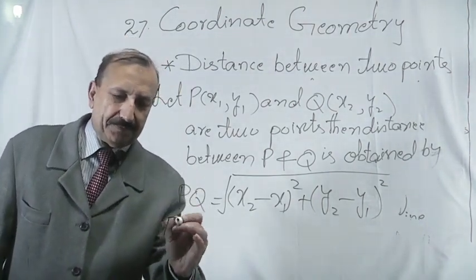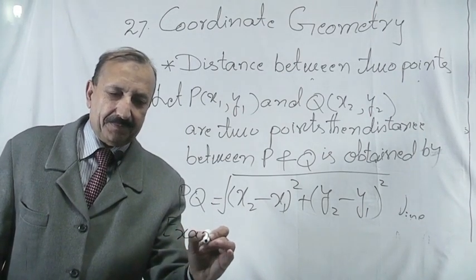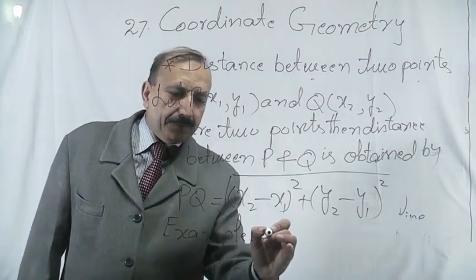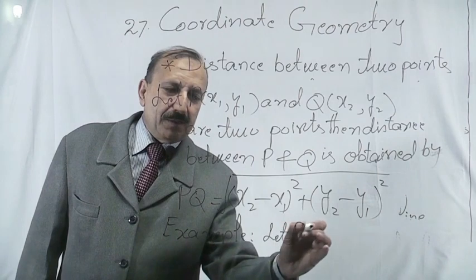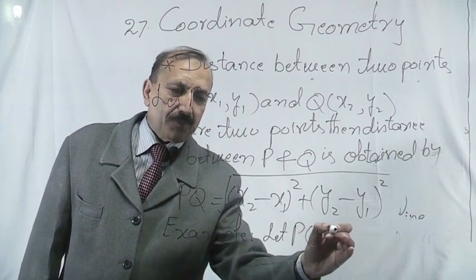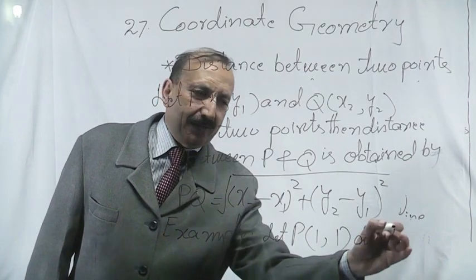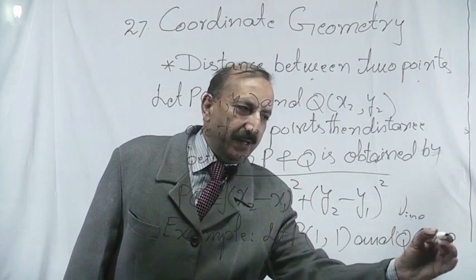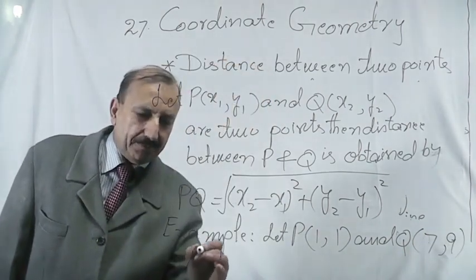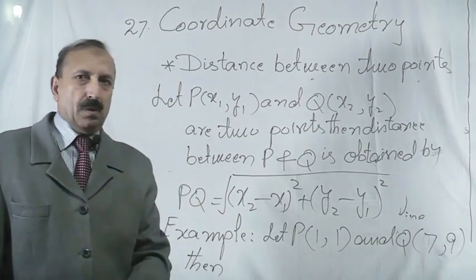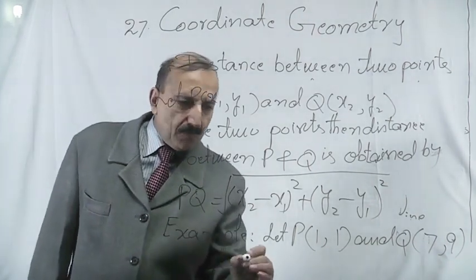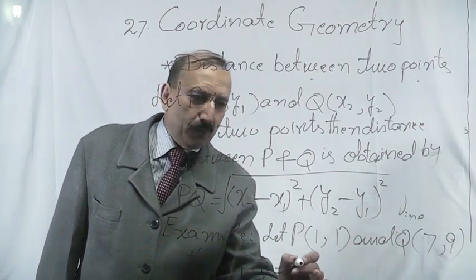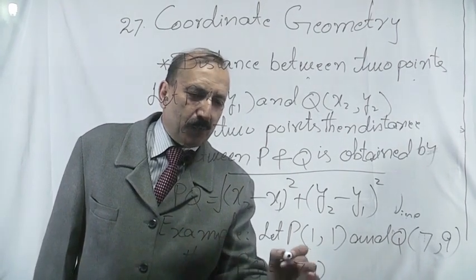Let's have an example. Let point P contain the coordinates 1, 1, and point Q has coordinates 7 and 9. Then PQ distance will be equal to, this is 7 minus 1 whole square.